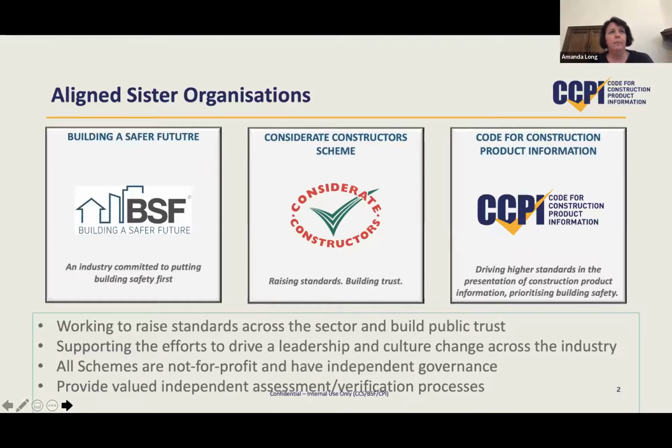And then I'm also the Chief Executive of another fairly new organisation. It's only been going a couple of years, which is Building a Safer Future Limited, the organisation that runs the Building a Safer Future Charter. All three organisations are working to raise standards across the construction sector and to build public trust.